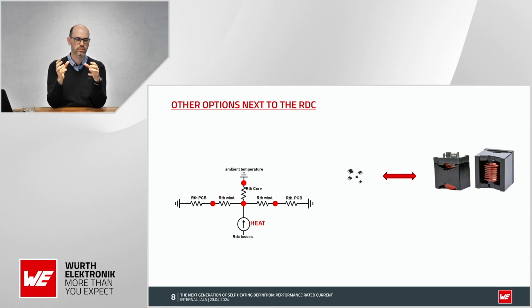But because the winding only has punctual contact with the core, for sure the main temperature is transferred from the wire directly into the air. So this means based on the design, you can influence your thermal resistance between winding and core material, but once this is fixed, there is pretty little you can do.